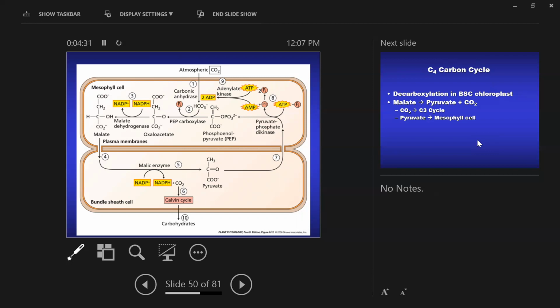That's your decarboxylation. That just means you're decarboxylating malate is what they're referring to there. So the decarboxylation, malate shifts over to the bundle sheath, gets cleaned off of it. And then the regeneration step is to get that pyruvate back so you can make more PEP.